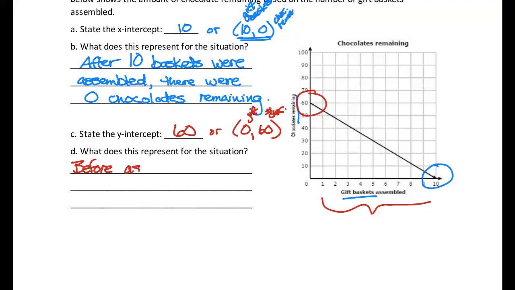So before assembling, this means it's right at the beginning of the production, before assembling any baskets, which means there were 60 chocolates. But talk about it in order of that ordered pair. Talk about the x amount first, then talk about the y.